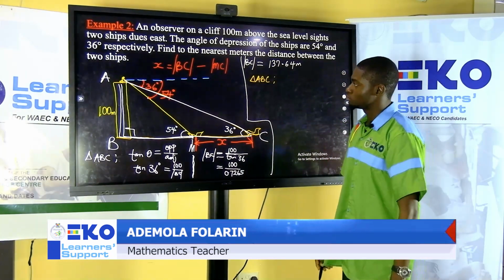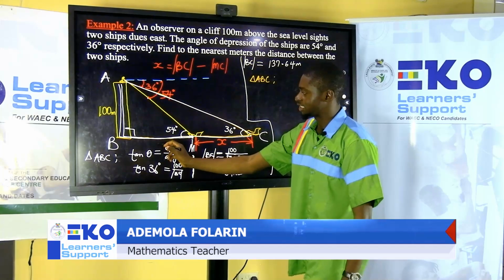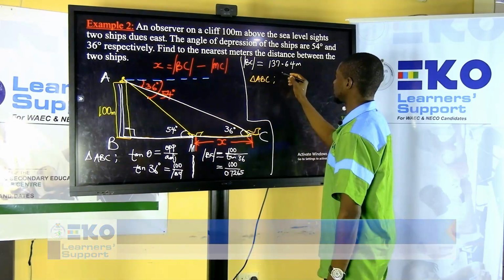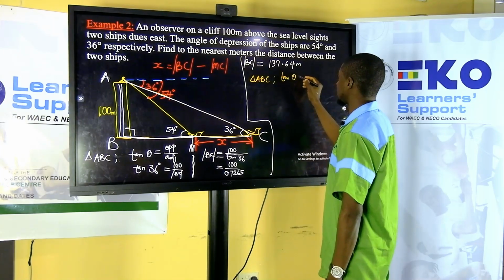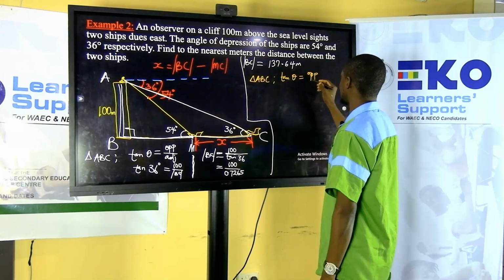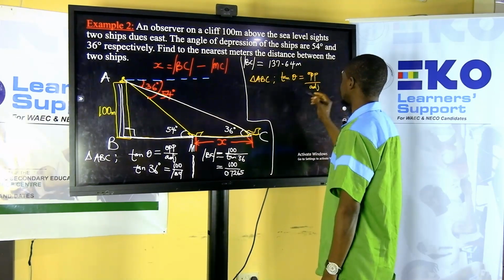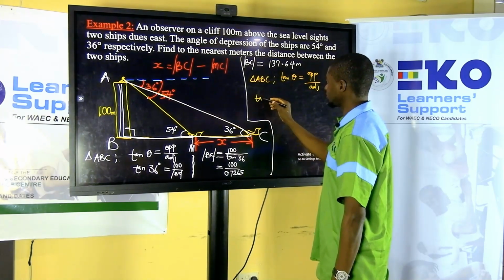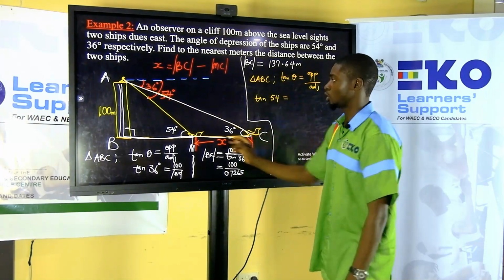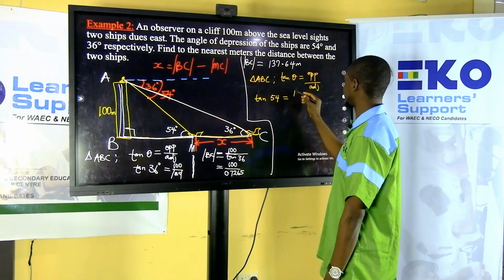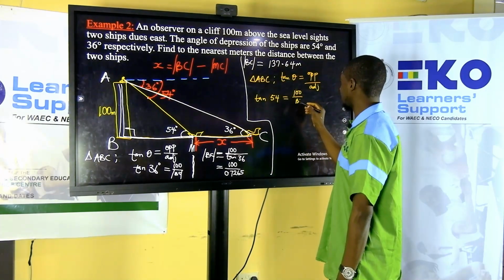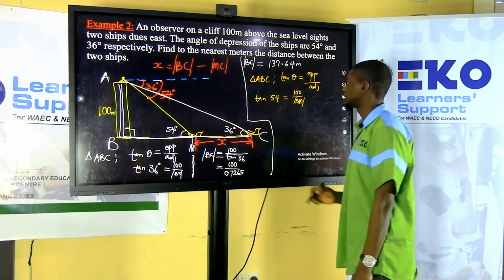That's the right angle triangle. So we need adjacent. We have been given opposite. Just what we have here, the same thing, tan theta equals opposite divided by adjacent. So it becomes tan 54 degrees equals, the opposite is 100 and the adjacent is BM. That's our interest.